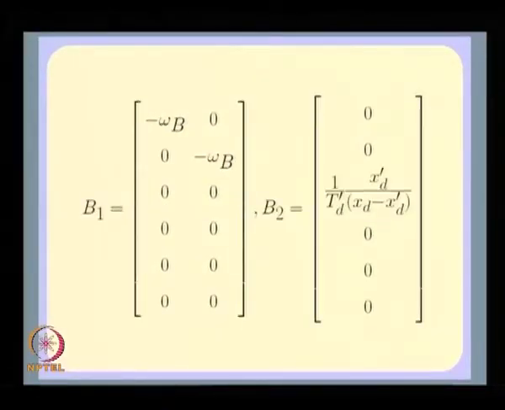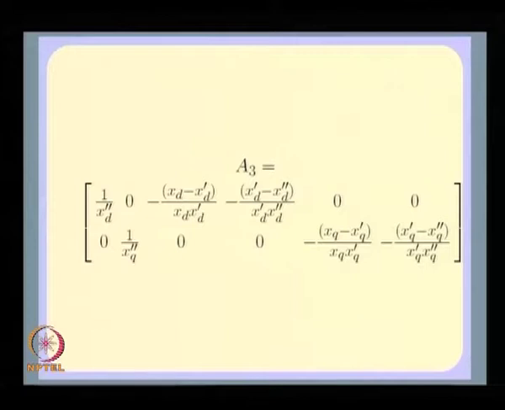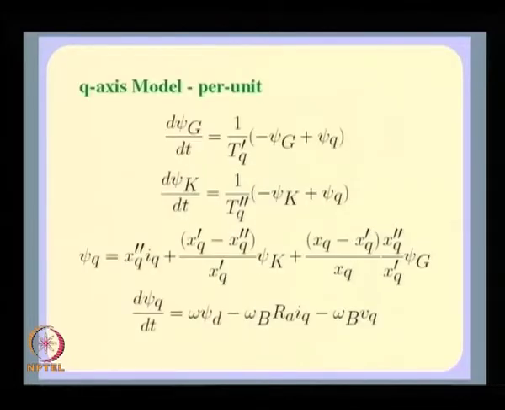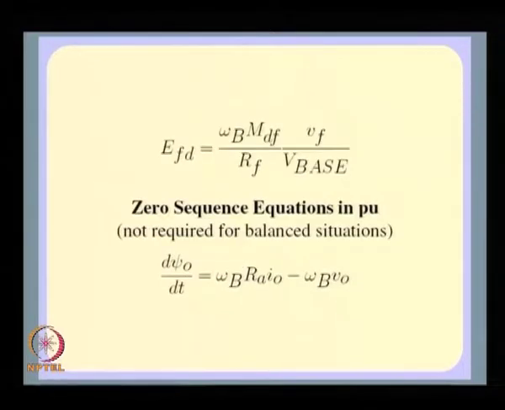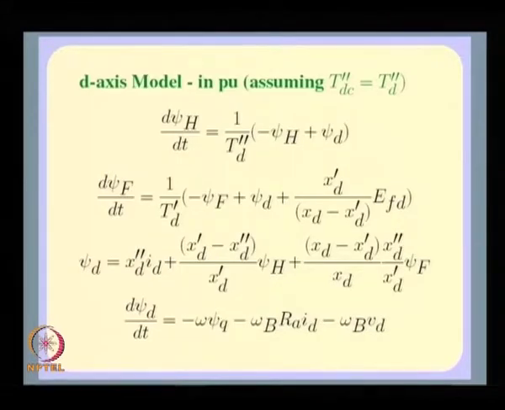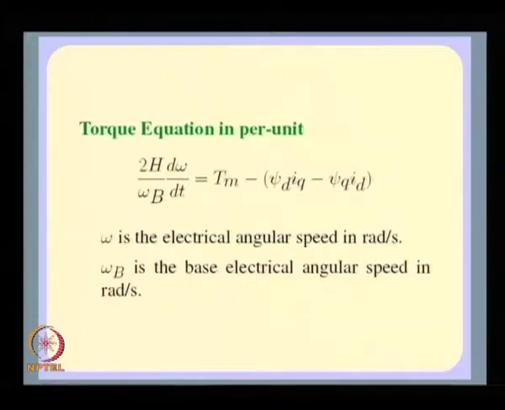In fact, these are of course the definitions of A 1, B 1, B 2, A 3. Okay. So, one of the things you will notice here is, of course, I have effectively written the torque equation.